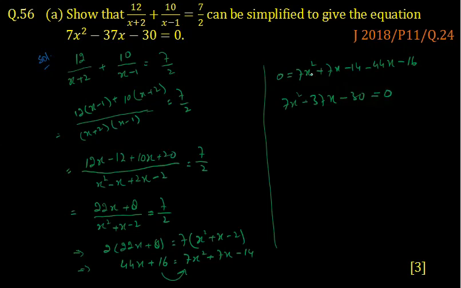So 7x square minus 37x minus 30 is equal to 0, it is proved after simplification.